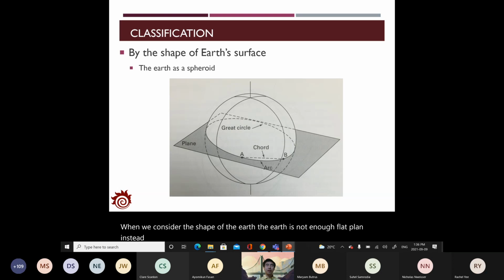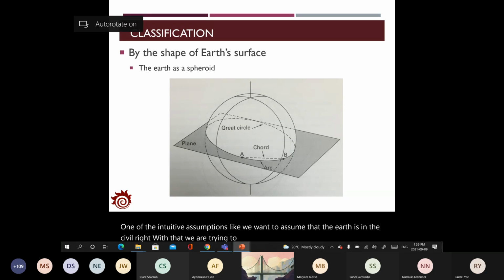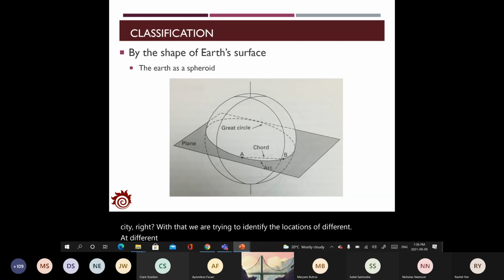So if we want to conduct a survey on the Earth, one of the intuitive assumptions is that the Earth is a spheroid. With that, we will try to identify the locations of different points on the surface of the Earth.